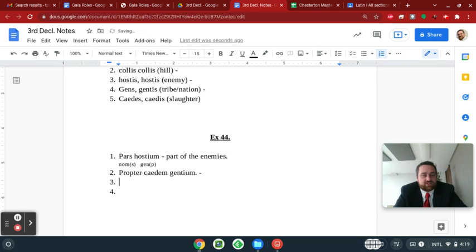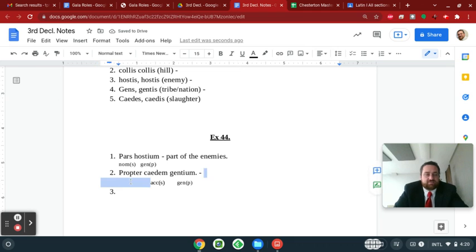Propter is a preposition that takes the accusative, and I learned that, and so caedem is going to be accusative. And it's accusative singular. And then gentium, oh, there's that eum ending again. Well, if that eum ending was genitive plural, guess what? It's still genitive plural.